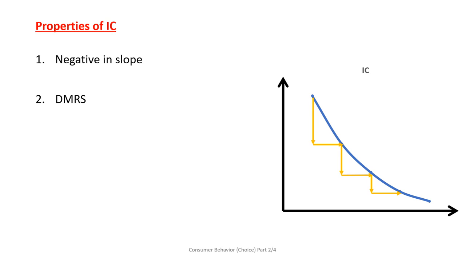That is, first we have to sacrifice more quantity of Y, and then we are sacrificing lesser and lesser quantity of commodity Y. The size of these triangles represent the magnitude of MRS, and we can observe that the size is decreasing.